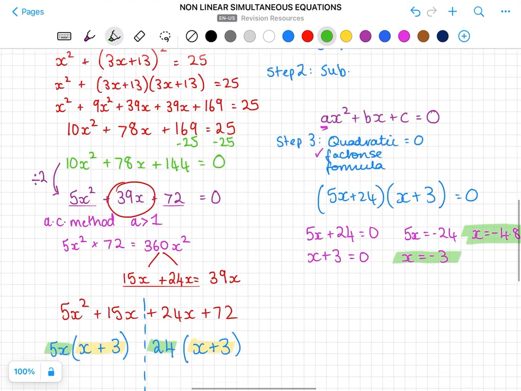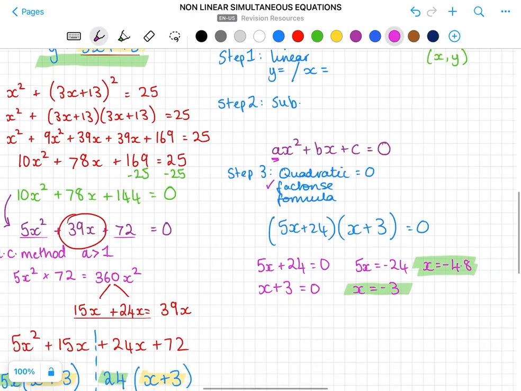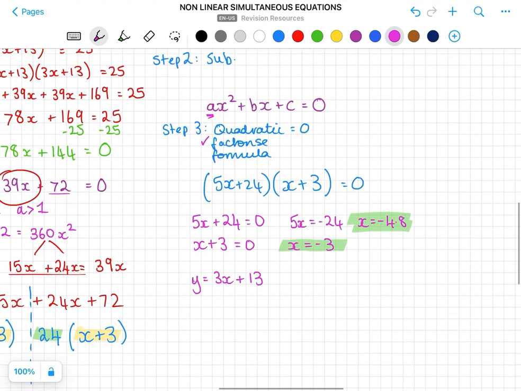So we take it back to our simultaneous equations right at the beginning, and we can see that we made y the subject, y equals 3x plus 13. So we want to find the y coordinate.